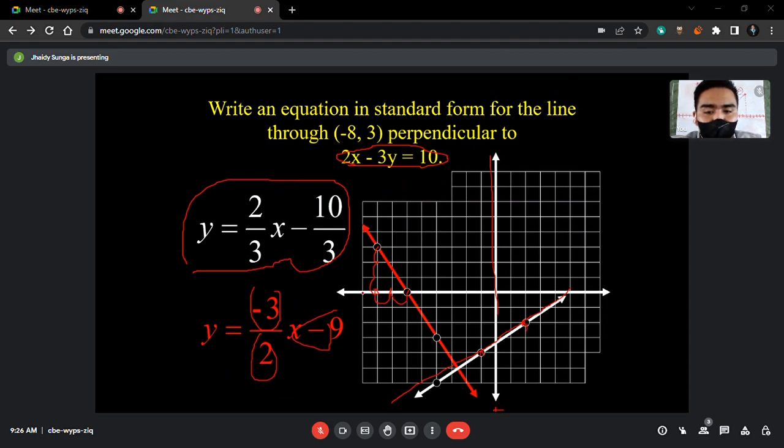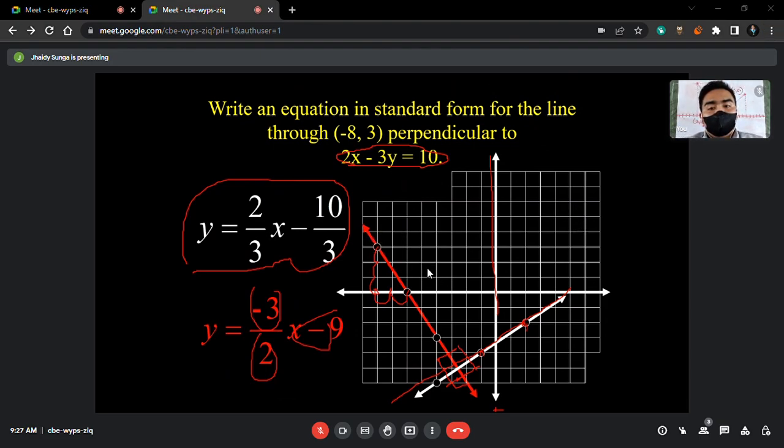Now, for this one, we could say that they are perpendicular. They form 90 degrees, isn't it? See? So you could say that they form 90 degrees and they are perpendicular.